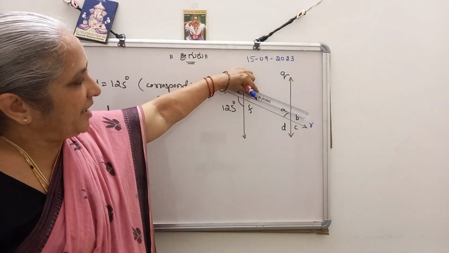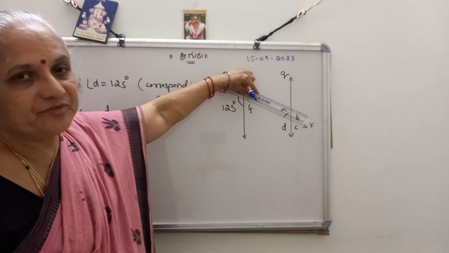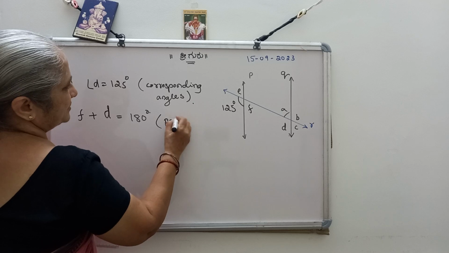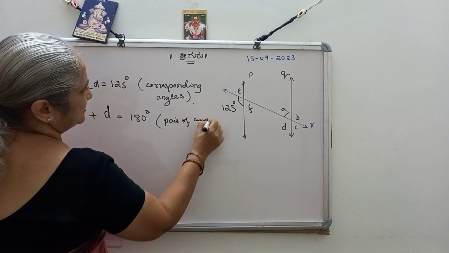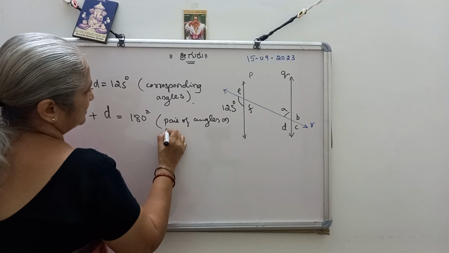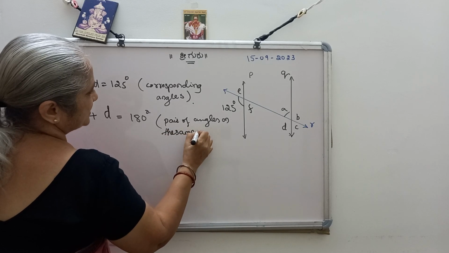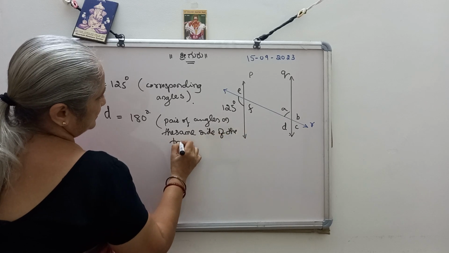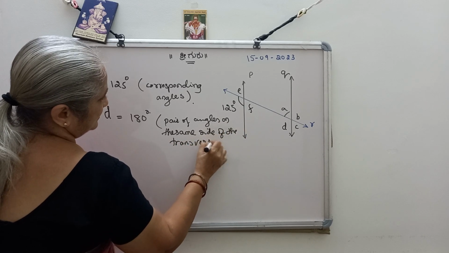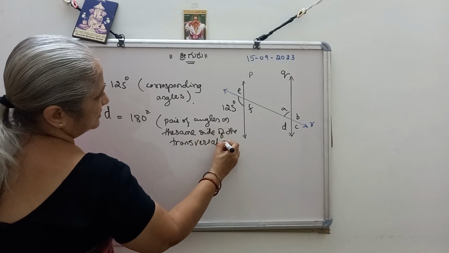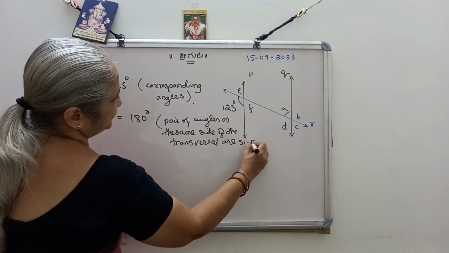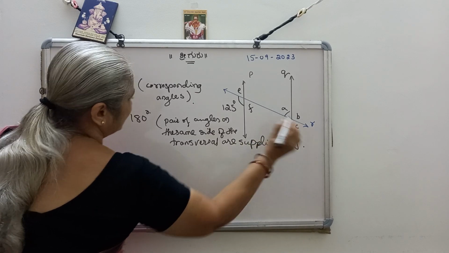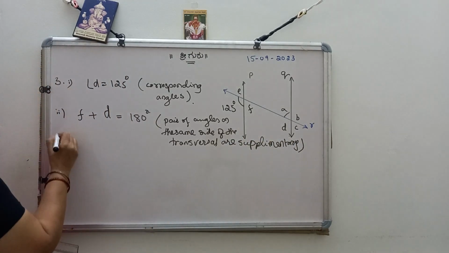Therefore, a pair of interior angles on the same side of the transversal are supplementary. This is the reason you have to write.